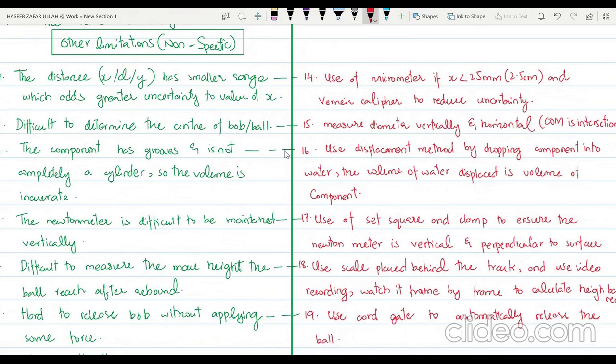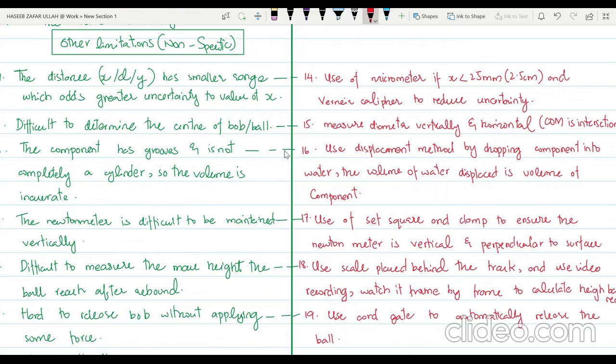It was not actually a perfect cylinder. So what we could say was to use the displacement method. By dropping the component into the water, the volume of the water displaced is the volume of the component, because it contained some grooves which did not make it a perfect cylinder, and it will also affect the charge stored in the capacitor.